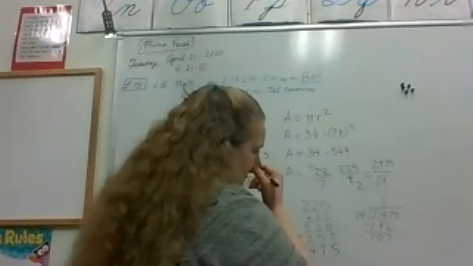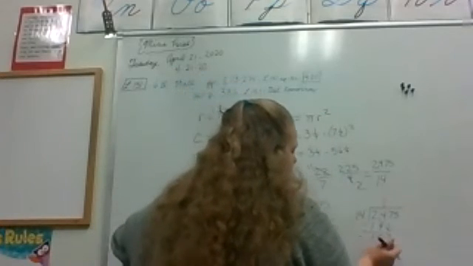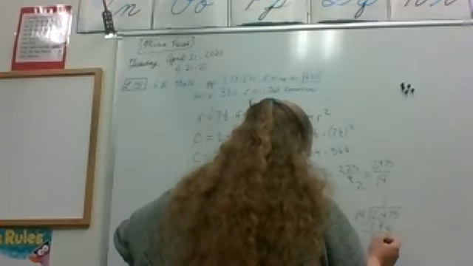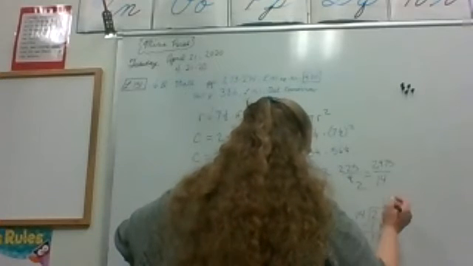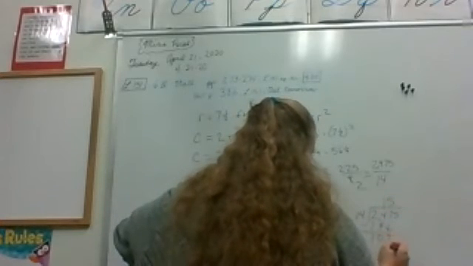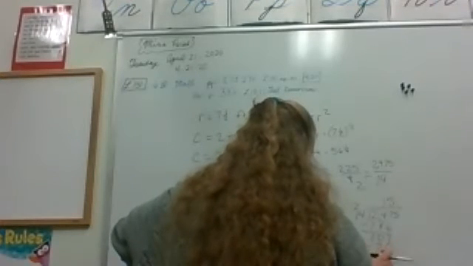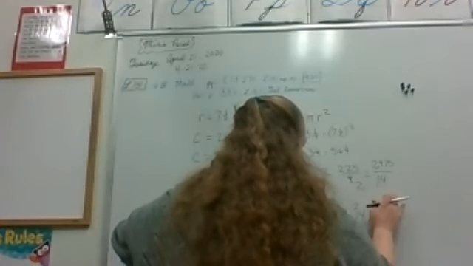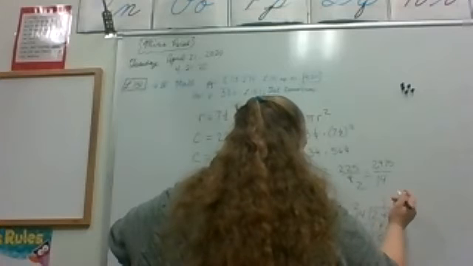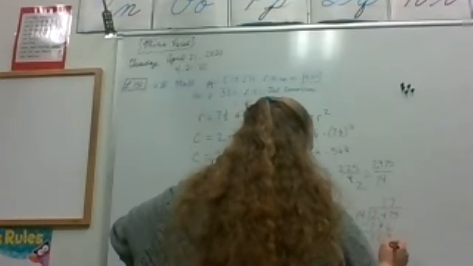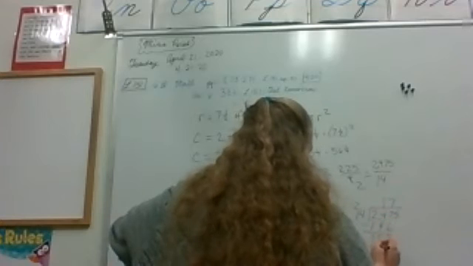Okay, so now we need to know how many times 14 goes into 2,475. We can think 2 into 10, let's try 5. That's only 70. Let's go higher. Let's try 7. Okay, 28, 98.